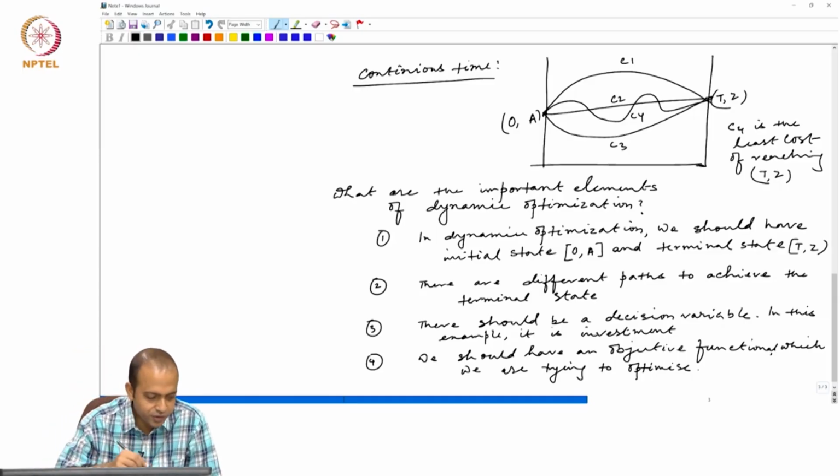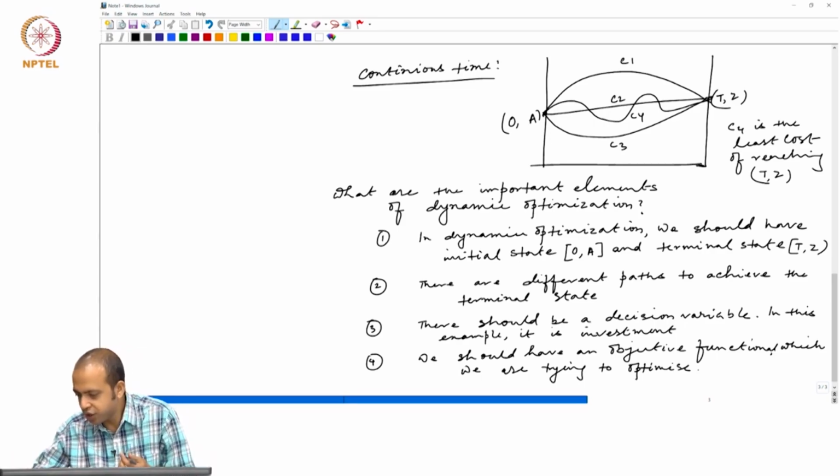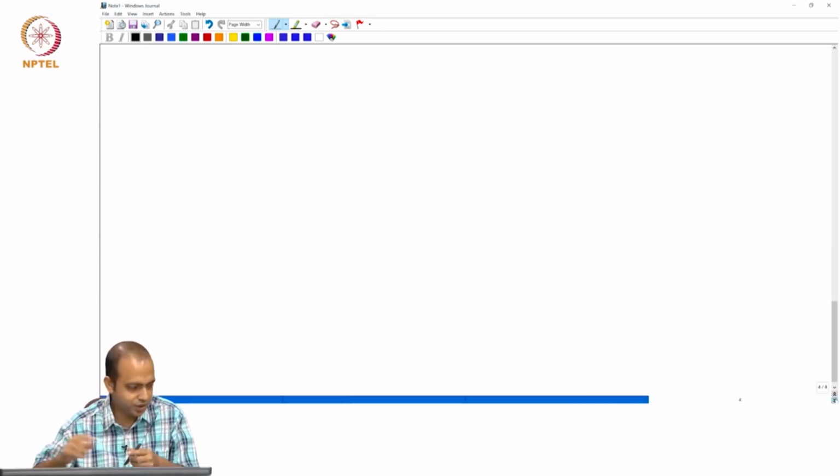So, what is the difference between function and functional? That we need to understand.